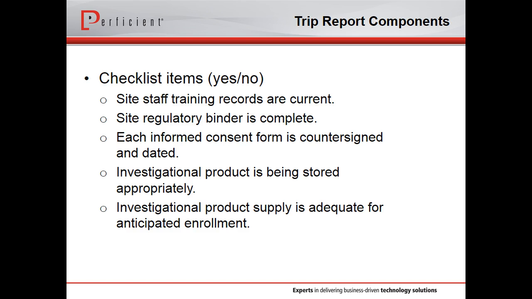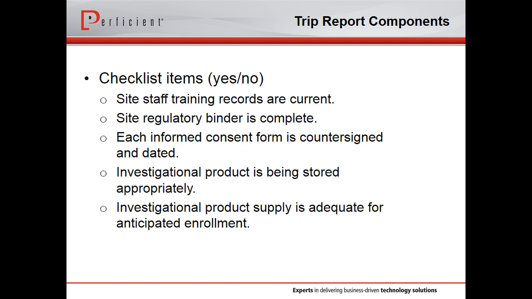The next is the checklist items. So again, these are tasks that need to be done or checked during the visit that can typically be answered with a yes or no or not applicable. So really just going through a checklist of things that were done and making sure that everything was addressed.